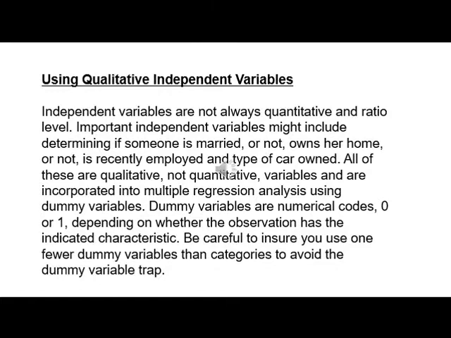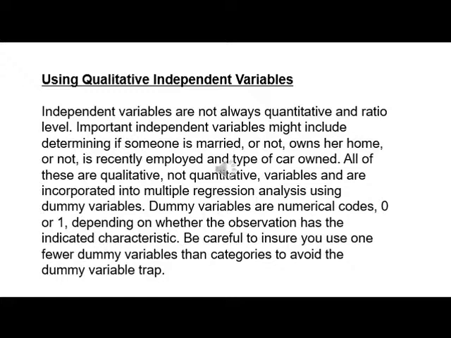Using qualitative independent variables. Independent variables are not always quantitative and ratio level. Important independent variables might include determining if someone is married or not, owns her home or not, is recently employed, and type of car owned.